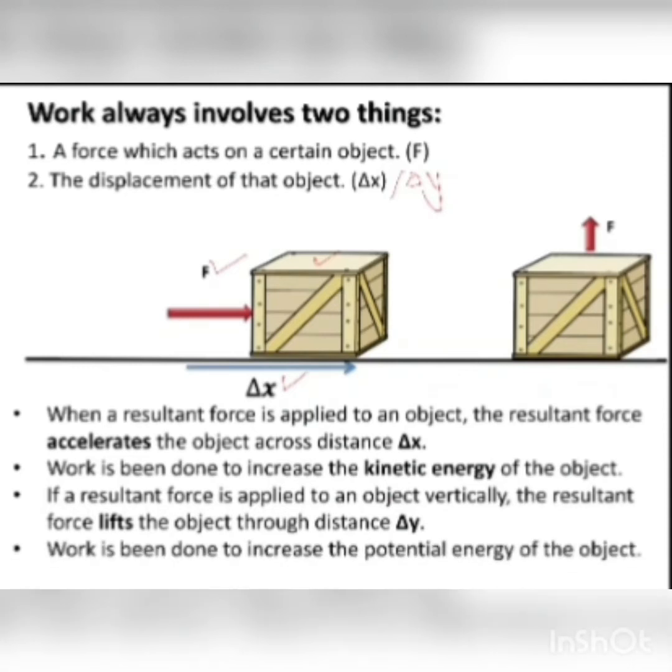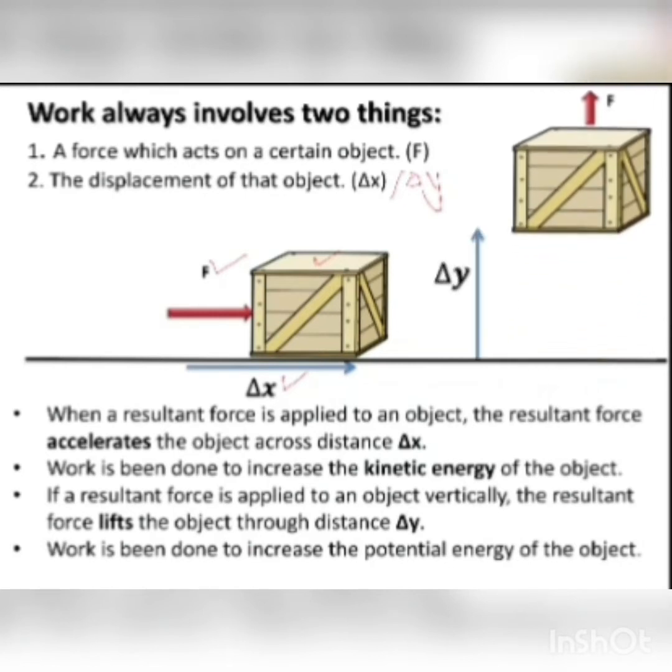So we can say work is being done to increase the potential energy of an object. Let's observe there. Initially we had our box at this position, then a force was applied to it, and as the force was applied, it changed in terms of its position above the ground level, meaning now it has increased in its potential energy.